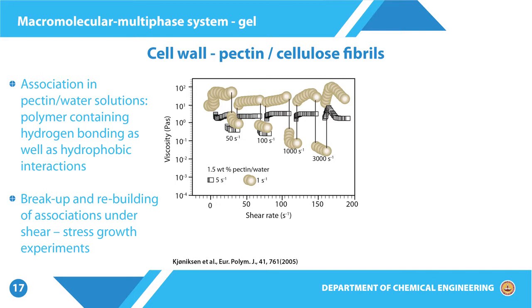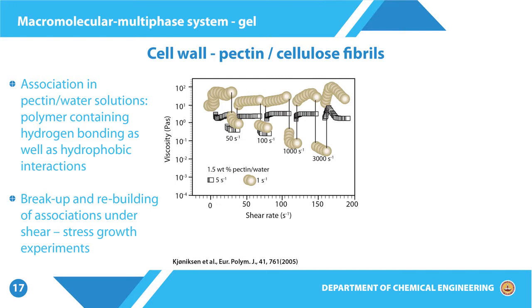This composite material is very essential in terms of giving rigidity to the cell wall of plants, and the mechanical properties of the cell wall are very essential in terms of the growth of plants as well as the properties of the plant itself. For example, the stem needs to be stronger, and therefore, the cell wall properties will have to be stronger.